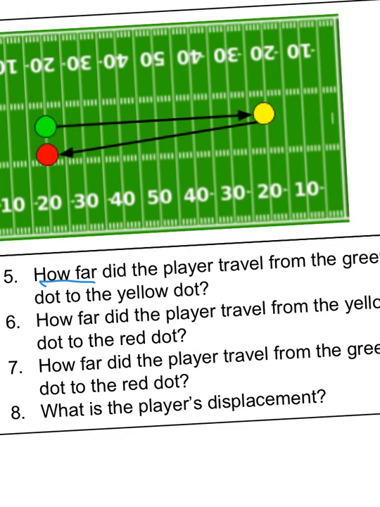Okay, how far did the player travel from the green dot to the yellow dot? Let's count together. 10, 20, 30, 40, 50, 60. From the yellow to the red. What is it?